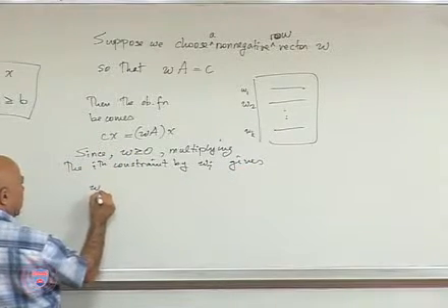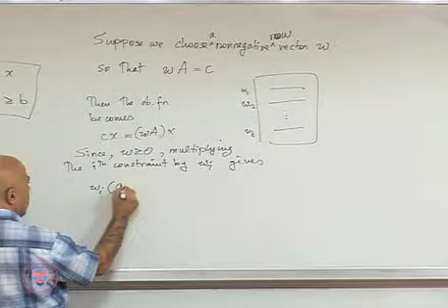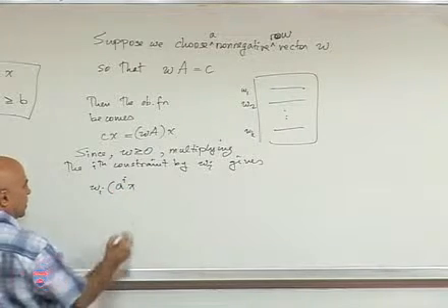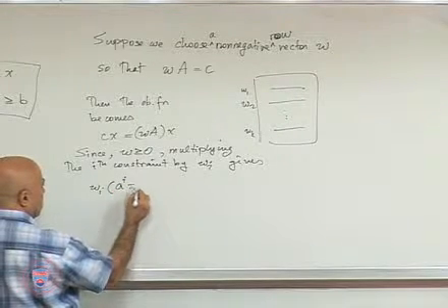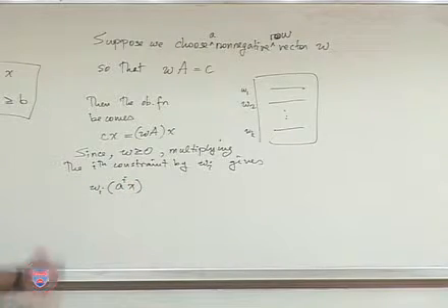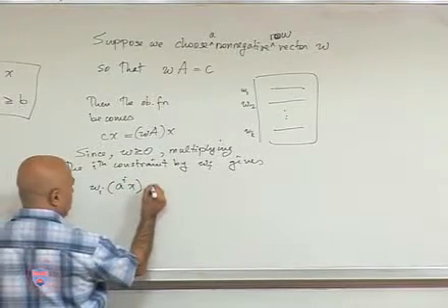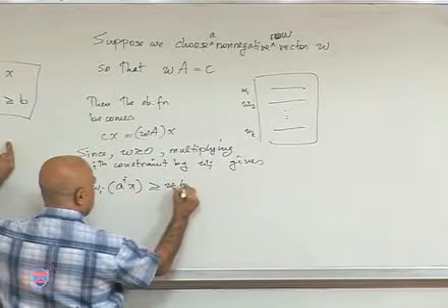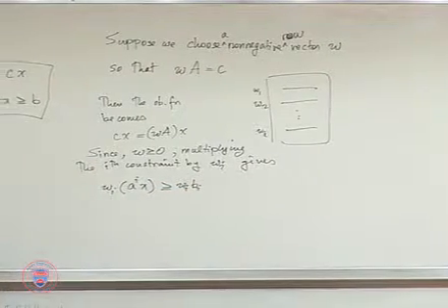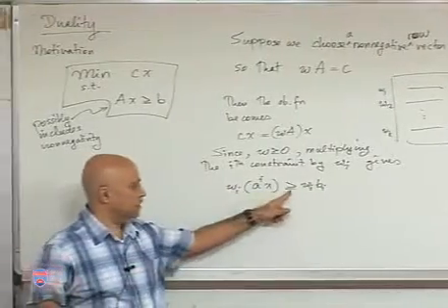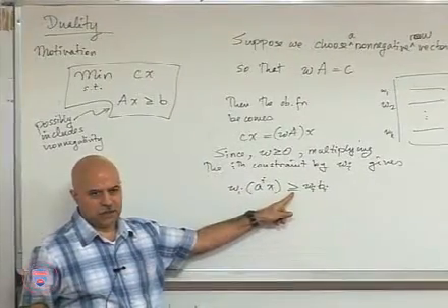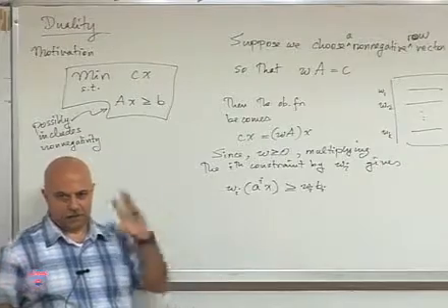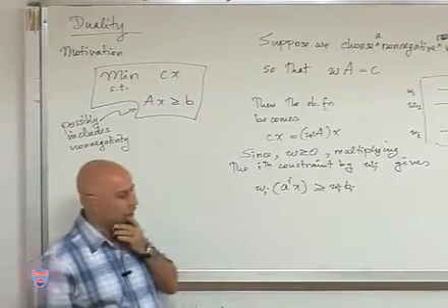You're multiplying Wi times the ith row of the constraint, and so you get this on the left. On the right side, you're multiplying the right side by Wi. Since Wi is non-negative, the sense of the inequality does not change. Otherwise, it would change. Okay? So that's why we required non-negativity.